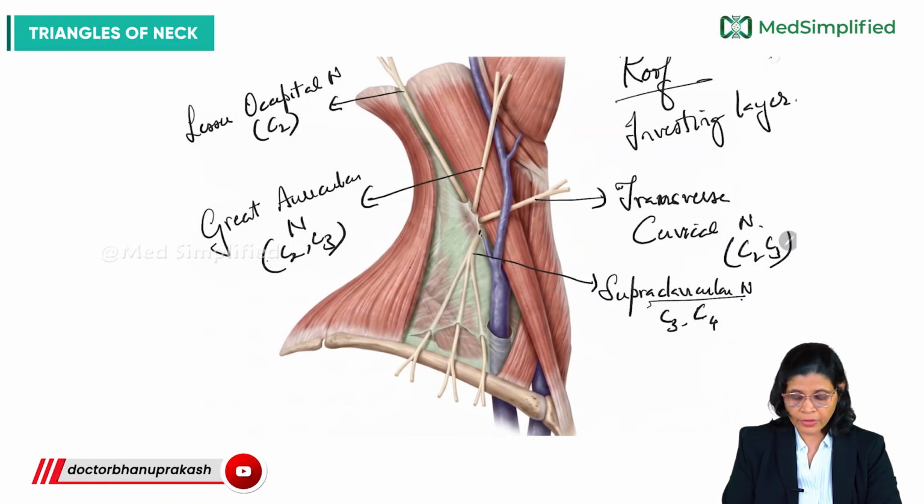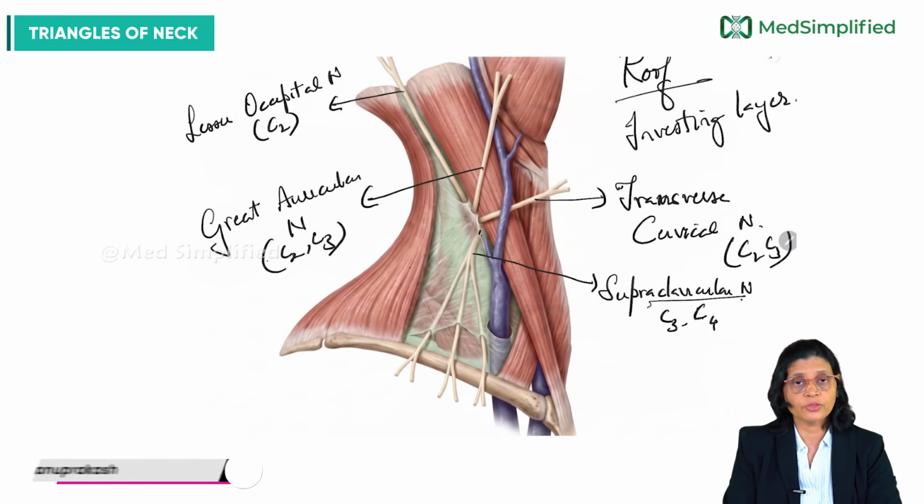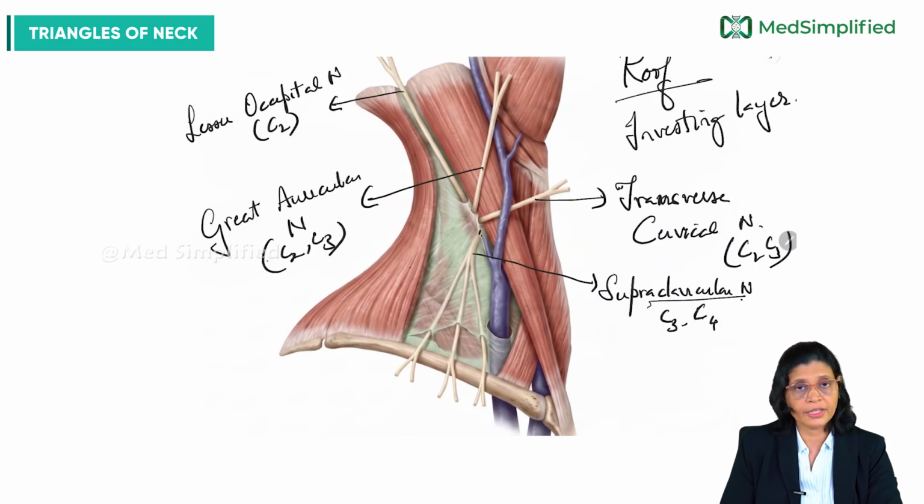You can see one across, the transverse cervical, and one obliquely towards the angle of the mandible, the great auricular nerve, which supplies the skin over that region. Then along the posterior border of sternocleidomastoid, we have the lesser occipital, and running downwards will be the supraclavicular nerves.